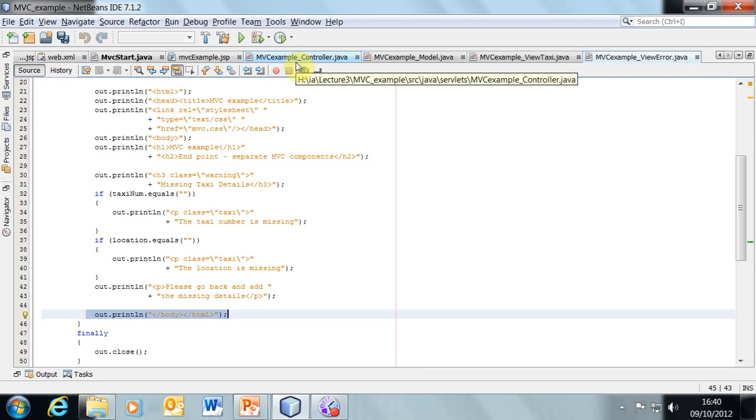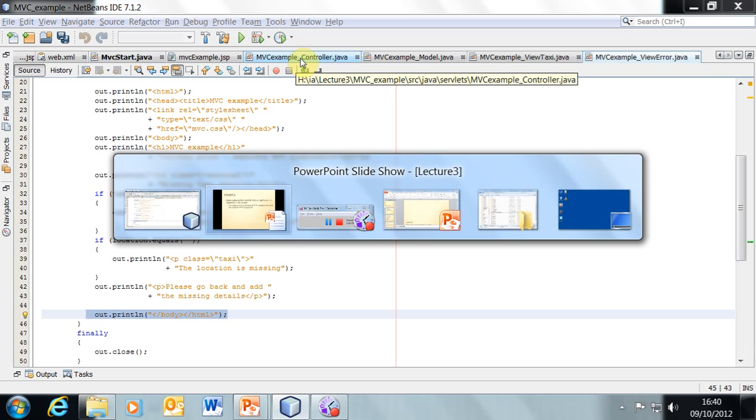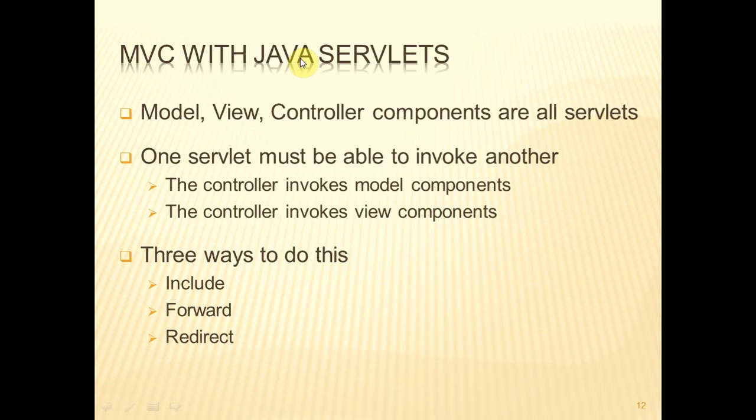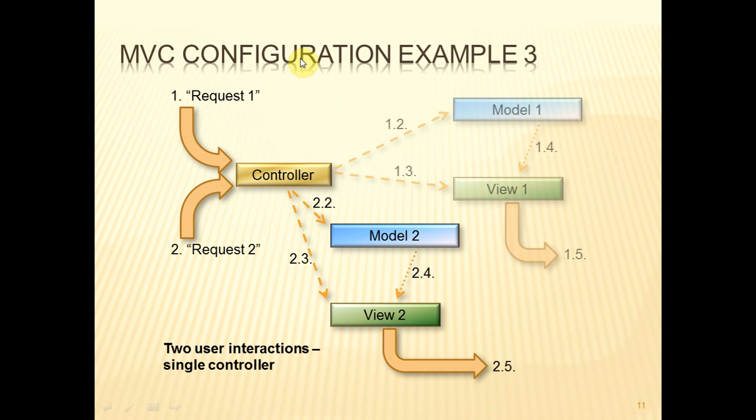So your work during the tutorial this week will involve interactions that essentially look like that. And this is what we've just done. We had a request come in, there was one controller, it invoked one model, but then it had a choice of views.